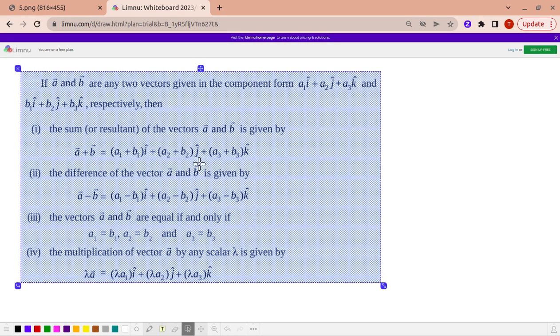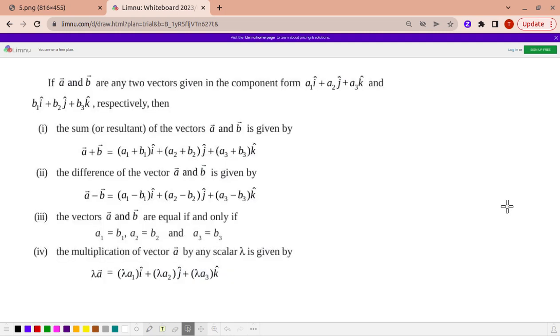The vector a is expressed in component form as a1 i cap plus a2 j cap plus a3 k cap. That is the vector a. And vector b is b1 i cap plus b2 j cap plus b3 k cap.